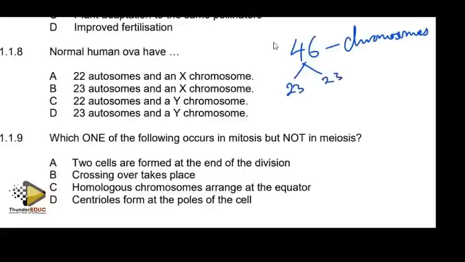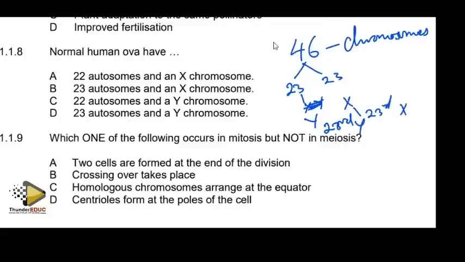Among these 23, the 23rd chromosome is going to be X on the female, and the 23rd is going to be Y on the male.